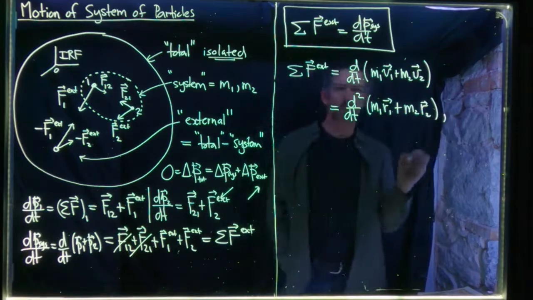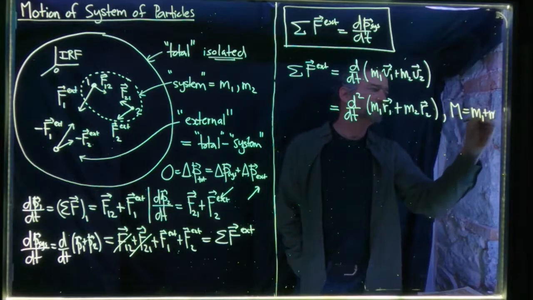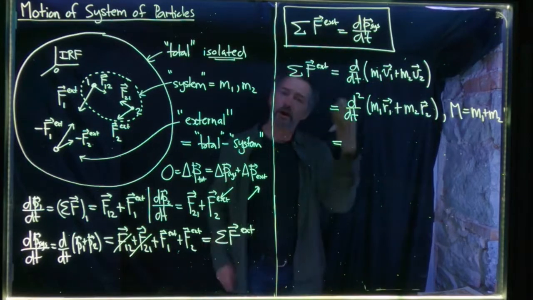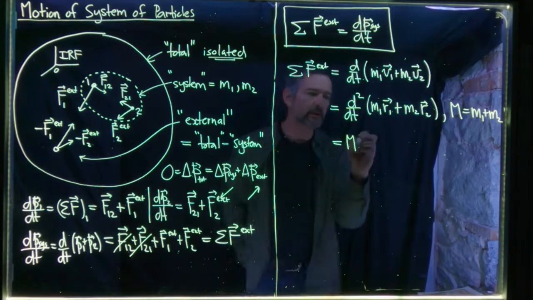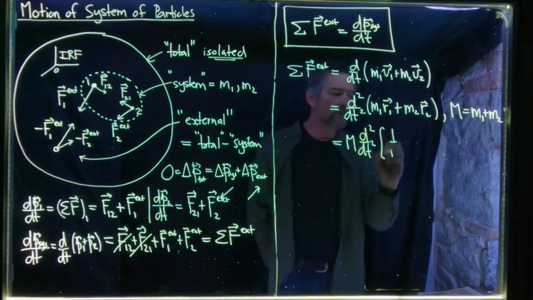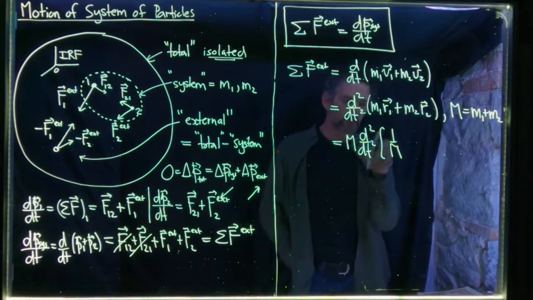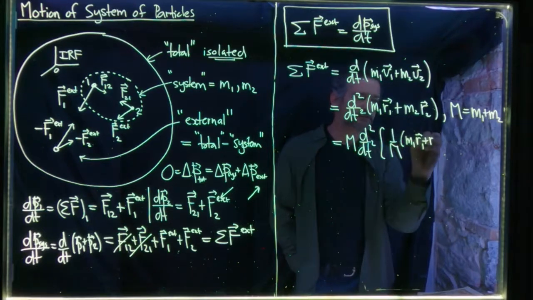So what we're going to do is a little tiny trick. We're going to define the total mass of the system, M, to be mass of Earth plus mass of Moon. And we're simply going to multiply and divide by this capital M. So we multiply the outside by capital M, times the second time derivative of 1 over M times this stuff. So then the big M cancels out with the 1 over big M. And so now we have m1r1 plus m2r2.